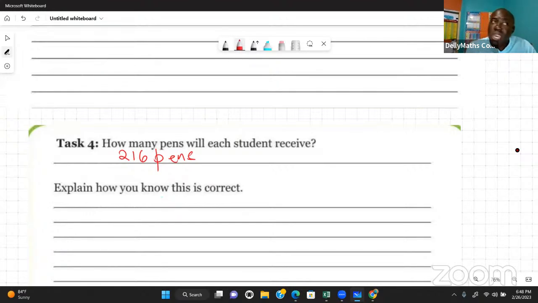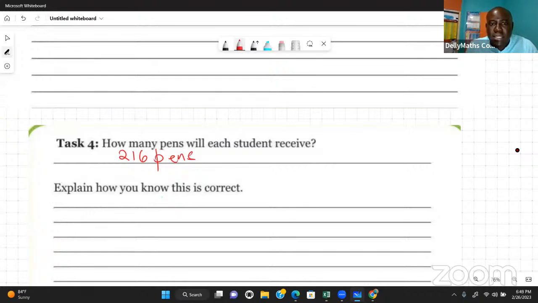But can you really give somebody a quarter of a pen? Let's think about it. I refuse to agree with that. So now we're going to have to put it together. There will be some left over, but fine. If we're going to give everybody an equal amount, and it's a pen, we can't have a quarter of a pen, right?